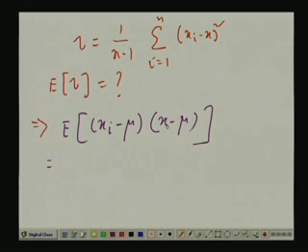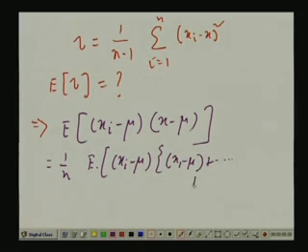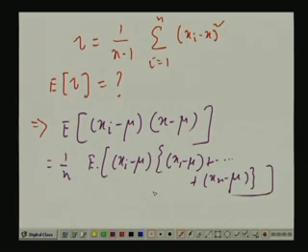Now, as before, you replace x̄ by its expression. So, 1 by n summation, 1 by n comes out, and you can write this as (x_1 minus mu) plus dot dot dot plus (x_n minus mu). Once again, all the terms will be 0 except for the case where, from here, I have got x_i minus mu.